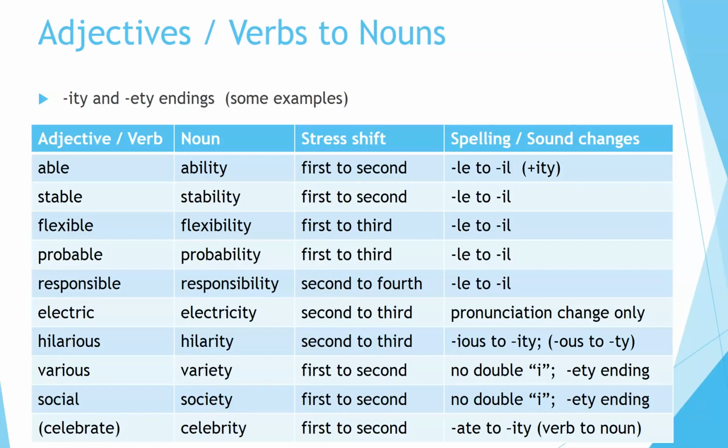And there's a spelling change from LE to IL before adding the ITY. Able, ability. Stable, stability. Same pattern. First syllable to second syllable for the stress. LE to IL. Let's look at the next three.